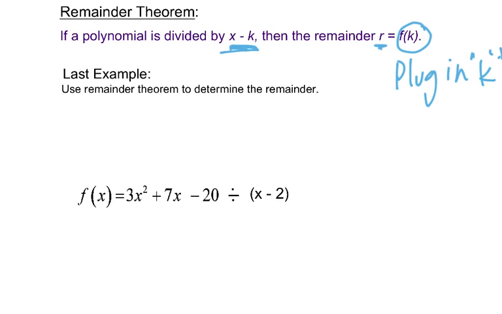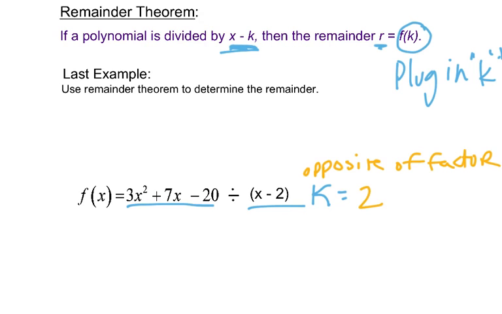So we're going to use the remainder theorem to determine this remainder. If I actually took this trinomial and divided it by this binomial, would we get a remainder or not? All I need to do is identify the k value, and the k value is the opposite of what's in the factor. So it's going to be positive 2.